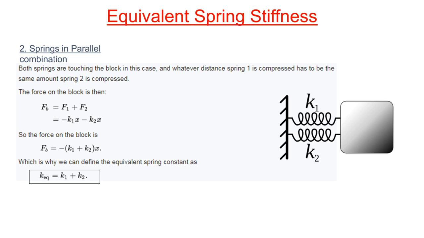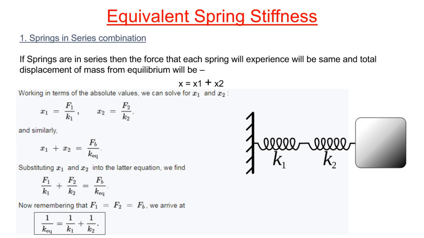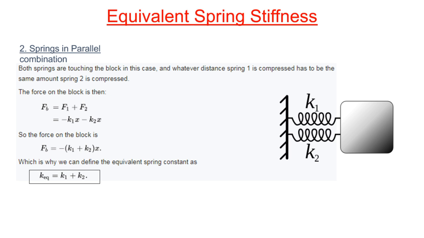Remember, if these two springs are compressing and elongating with the same magnitude, that is deflection is same, then the springs are in parallel. If force distributed is same, then the springs are in series combination. Here the deflection is same. Therefore, force will be divided in these two springs.